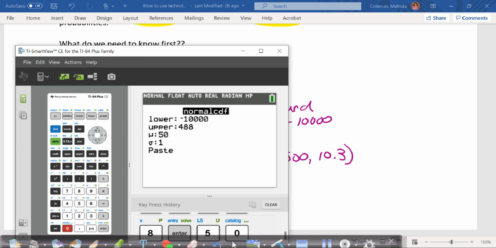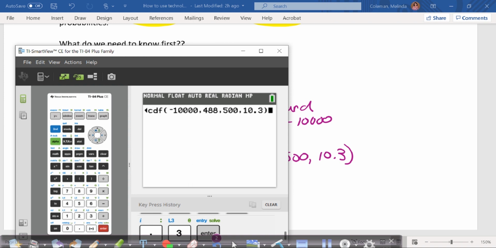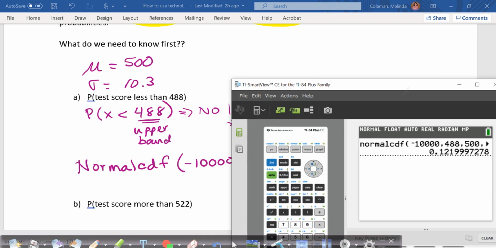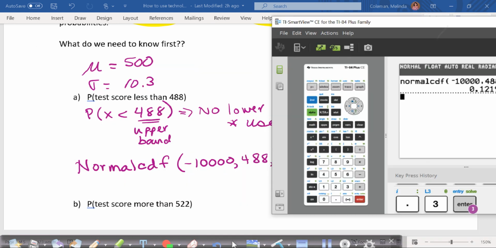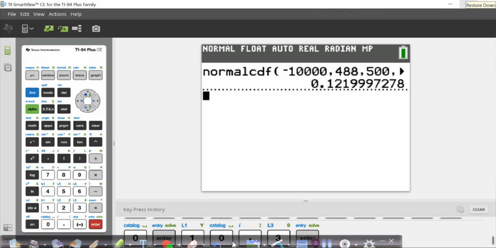My mean is 500. My standard deviation was 10.3. Hit enter so we can paste this in there. And again, here is my normal CDF: lower bound, upper bound, so smallest value, largest value, the mean, and the standard deviation. Hit enter, and I get 0.121999.